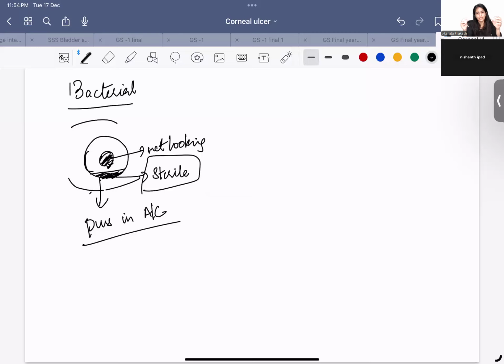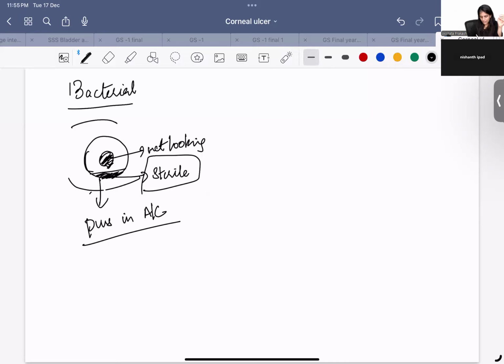That means the organisms are not penetrating the cornea. They are not going inside the eye. If we take a sample and send it for laboratory culture, it is going to be negative, no growth. In your bacterial corneal ulcer, this is sterile. Remember, only in your bacterial corneal ulcer, because in fungal, it is not sterile.